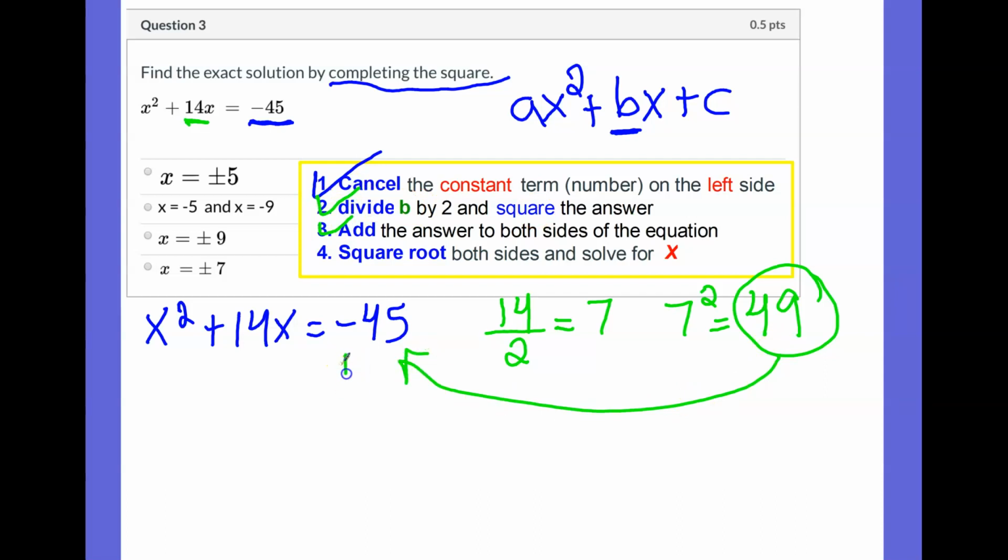So now I am going to add 49, and I'm going to add 49 on this side. So my equation will be x squared plus 14x plus 49 equals -45 plus 49, which is 4.